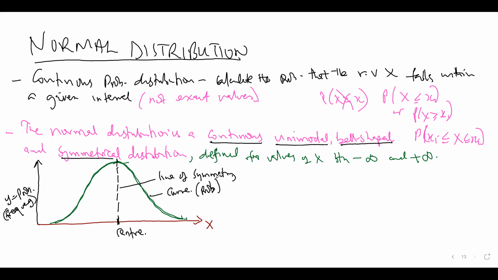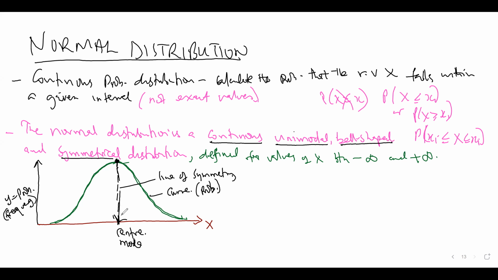Of course, a probability curve can come from a frequency curve. If this was a frequency curve, then this would be the highest point of the curve, and the highest point of the curve corresponds to the mode. So the value of x which corresponds to this point must be the mode. That center must be the mode.